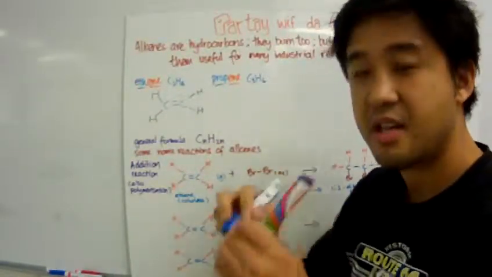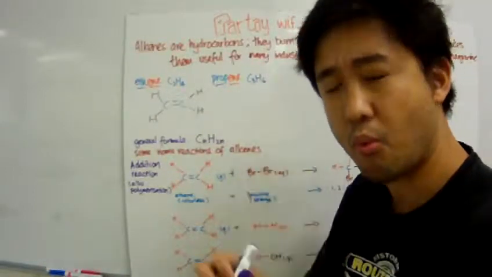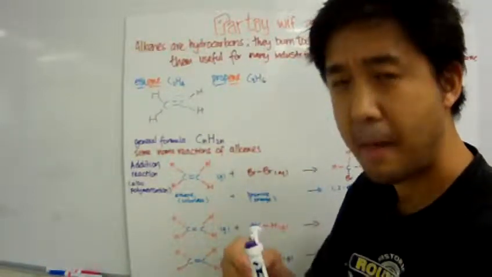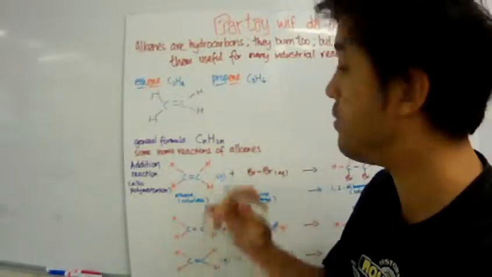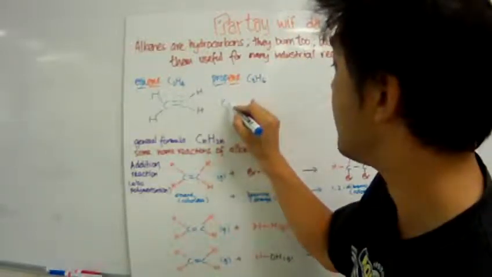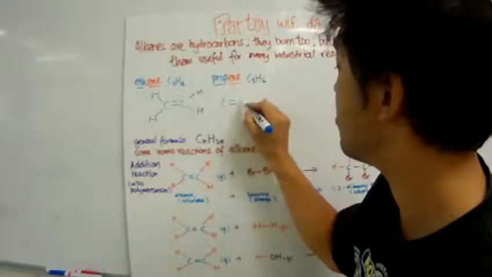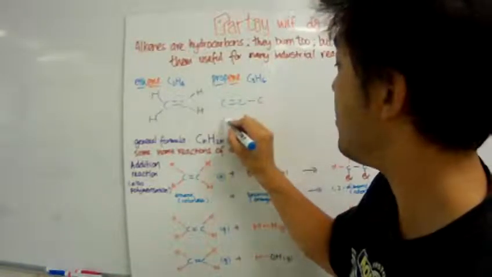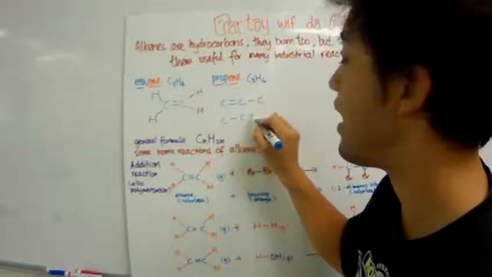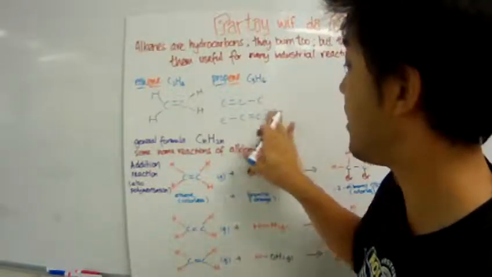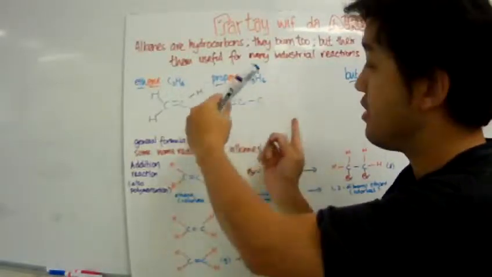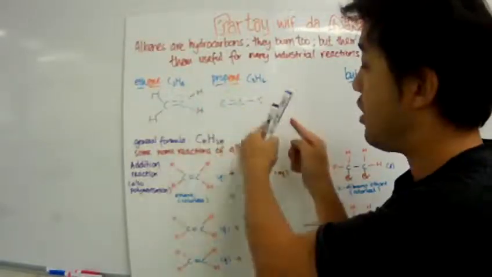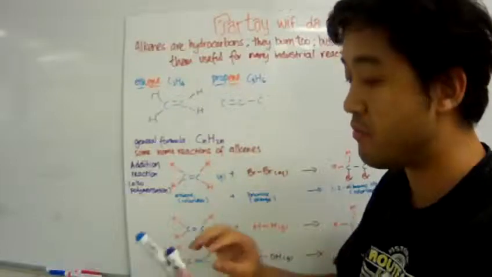Propene means that there are 3 carbon atoms, but only one of them is a double bond. So you can either draw it this way or this way. Doesn't really matter. They're both the same. Because if you count the atoms, 1, 2, 3, or 1, 2, 3, it's all going to be the same.